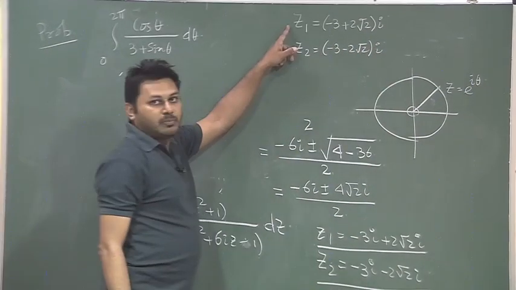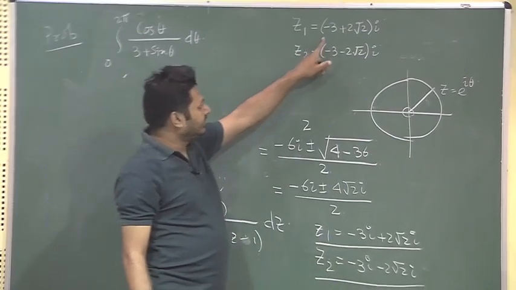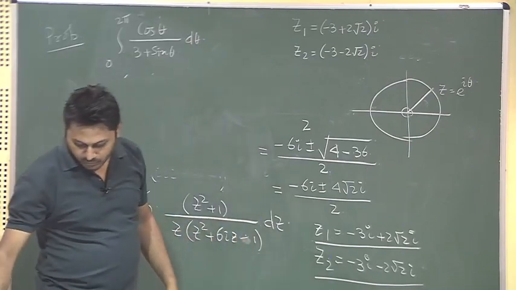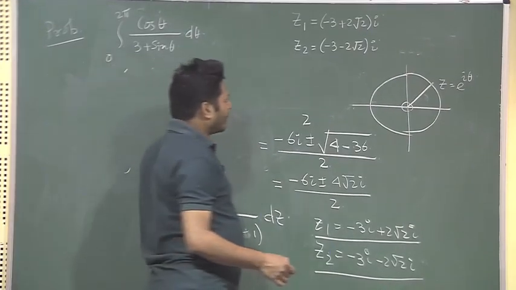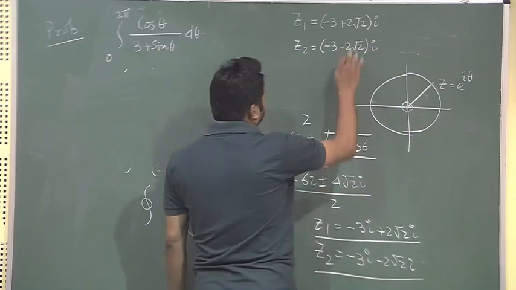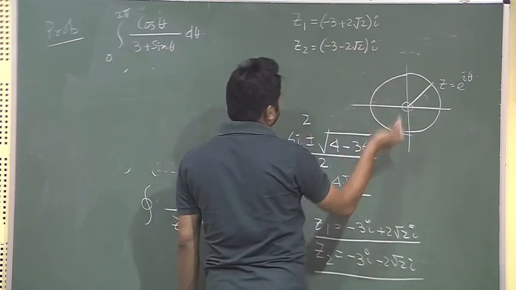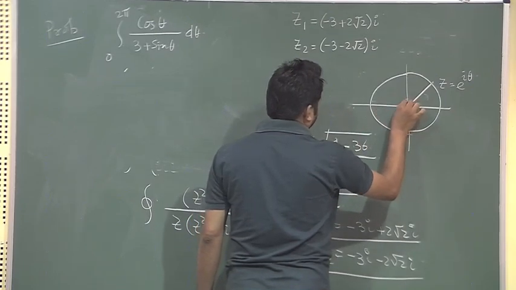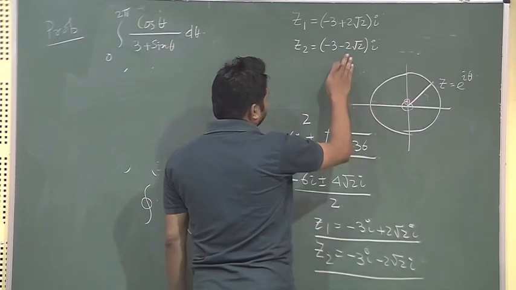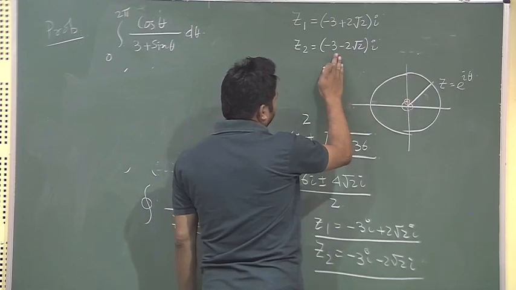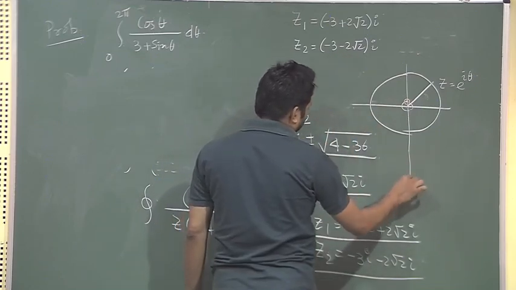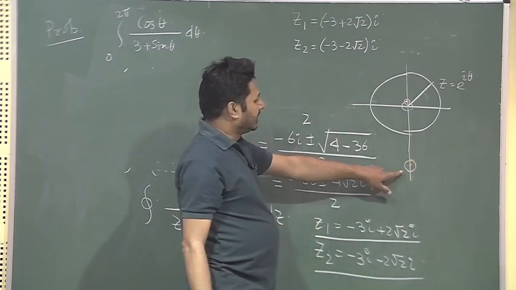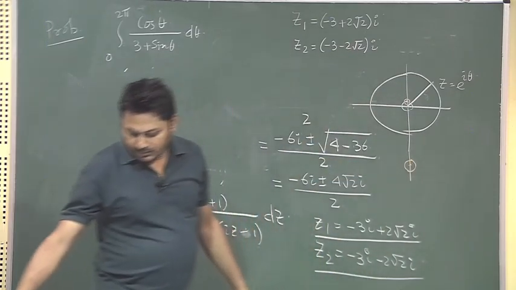So, if you see these 2 points, you can readily find that minus 3 plus 2 root 2 i is inside, because 2 root 2 is about 2.8. So, minus 3 plus 2.8 should be somewhere here, very close to 0, and in this quantity both the terms are negative, so obviously it is way out, somewhere here, below. So, only z1 is inside.